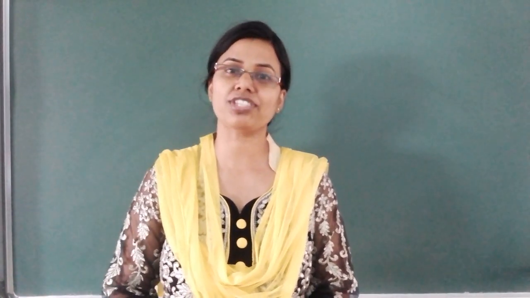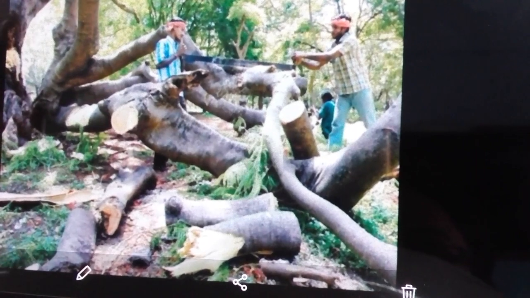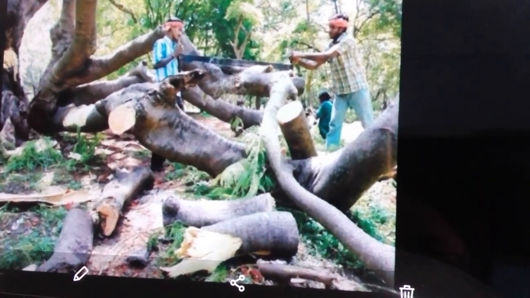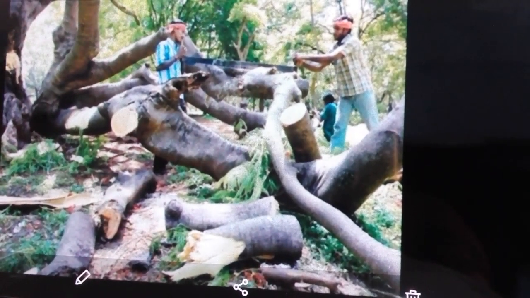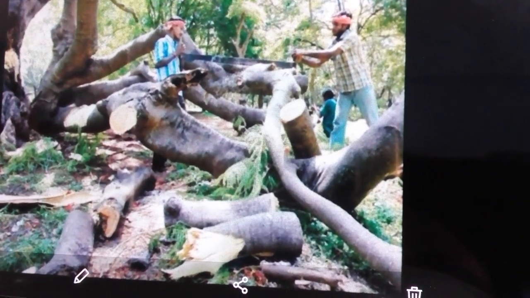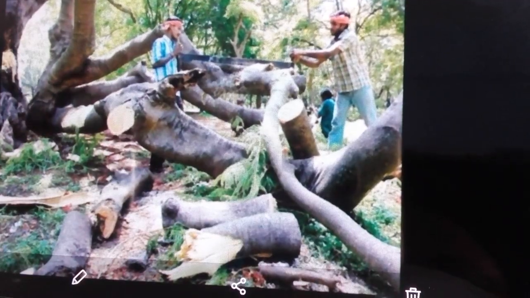So, as man is living on this earth, he started to misuse the resources. He started to cut the trees. Here you can see a picture where human beings are cutting the trees. Deforestation they are doing, cutting the trees. When we cut the trees, the shelter of animals and birds is lost and many of them lose their lives.